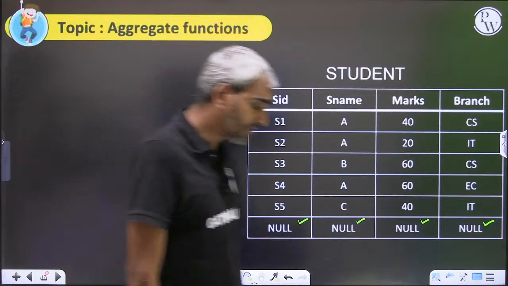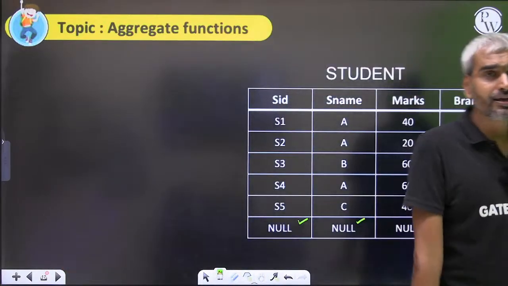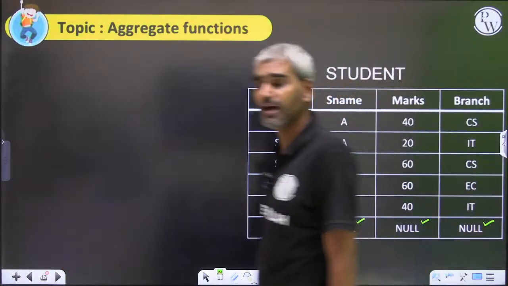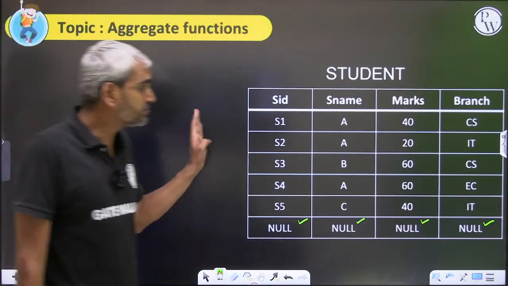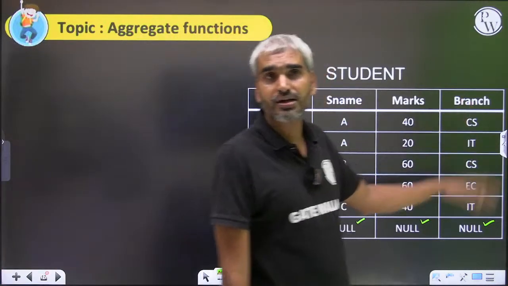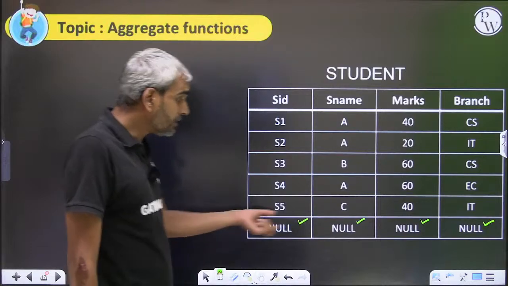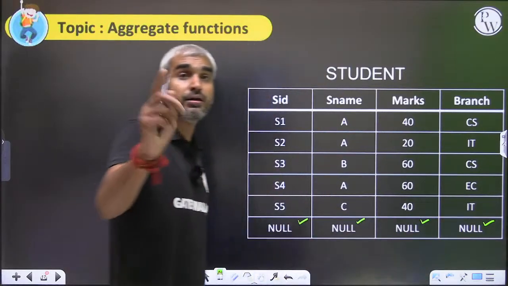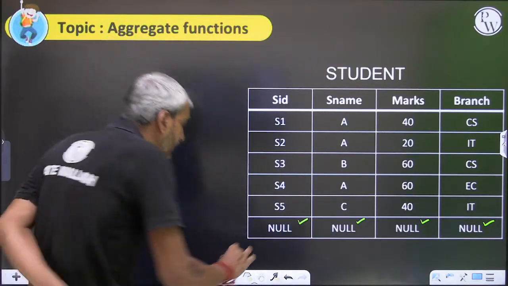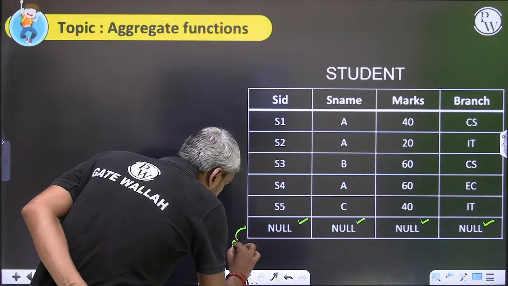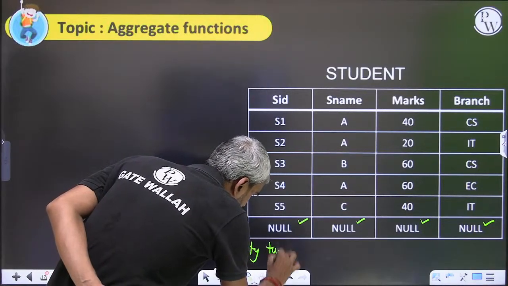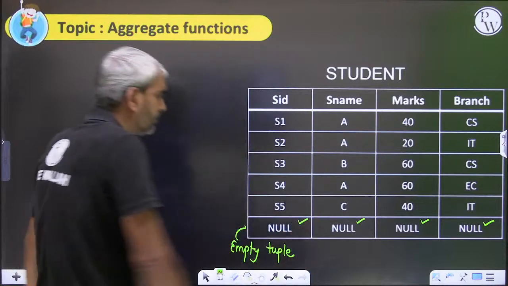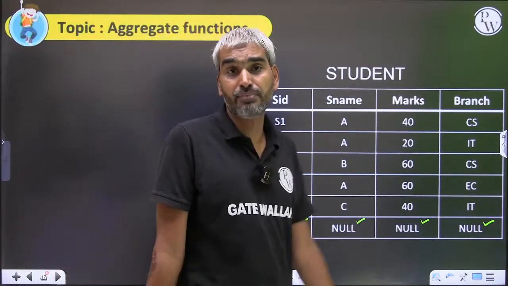Or if you define some attributes as non-null attributes, then the null value will not be allowed corresponding to those attributes. But if you do not specify anything of that particular type, then all the values of a tuple may be null, and this is called an empty tuple.